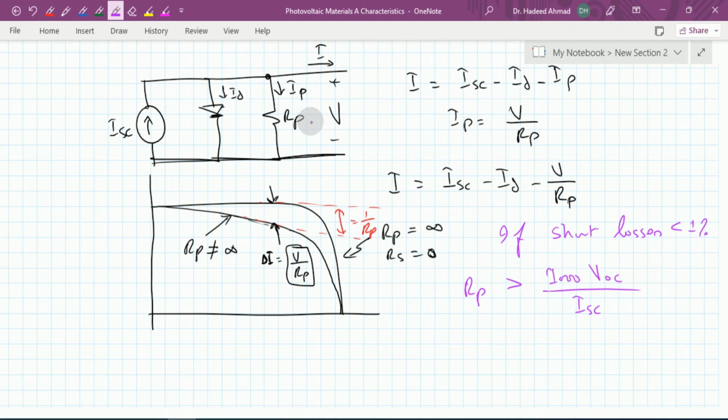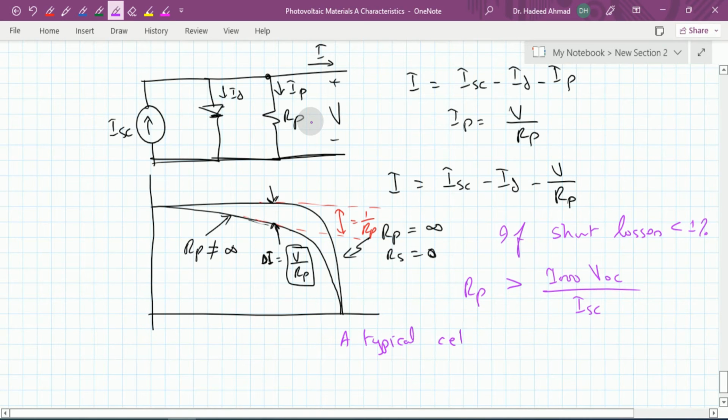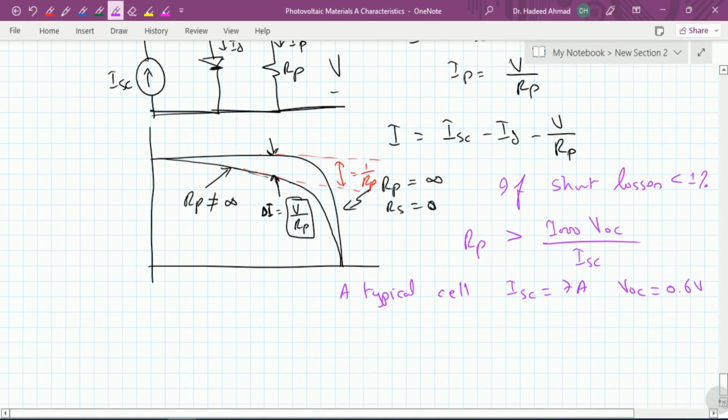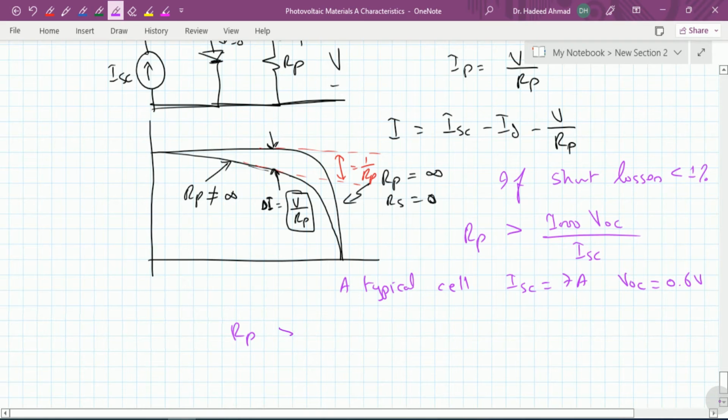For example, for a typical PV cell, we have ISC equal to 7 ampere, and VOC, as we have seen, is in the close vicinity of 0.6 volt. This calls for an Rp greater than 9 ohm.